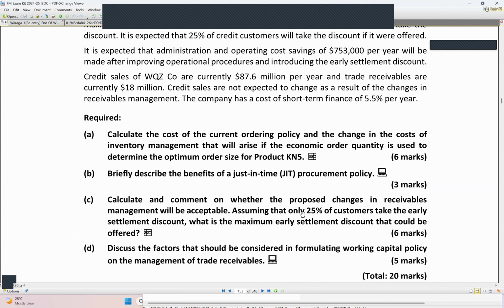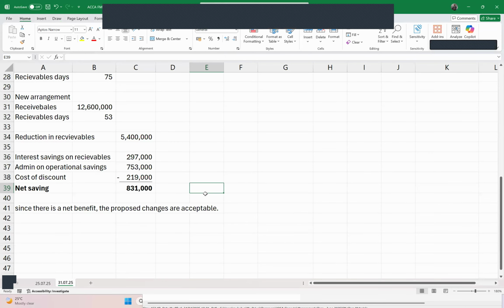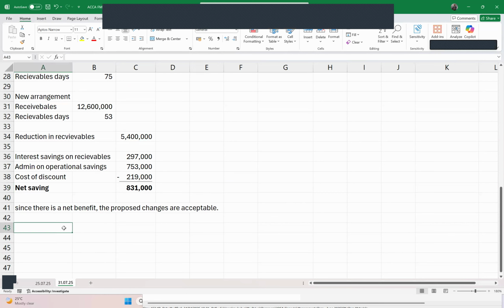But they said also, if only 25% are willing to take the discount, what's the maximum discount that we could offer? Now, to do that, we would like to find out how much discount would cause us to lose all this benefit. So, remember the cost of discount. So basically what we are going to do is we are going to say the benefits, we already know them, they are these two.